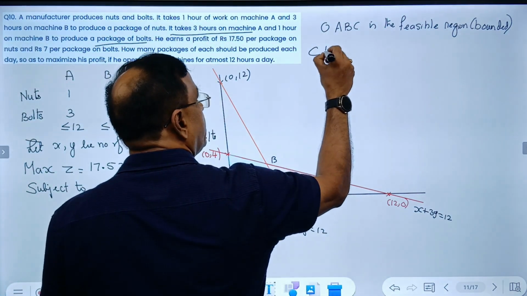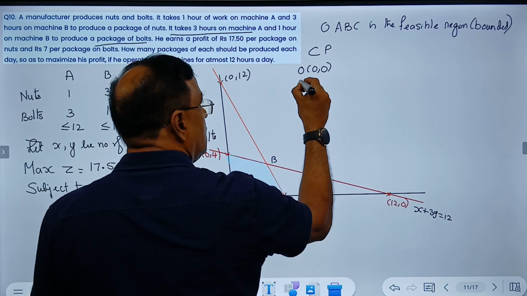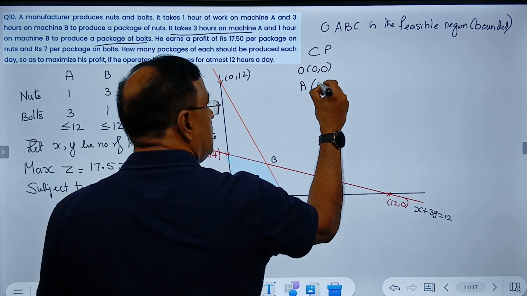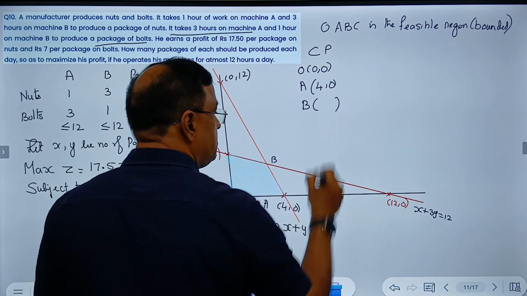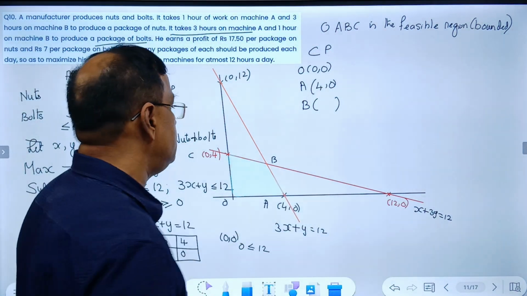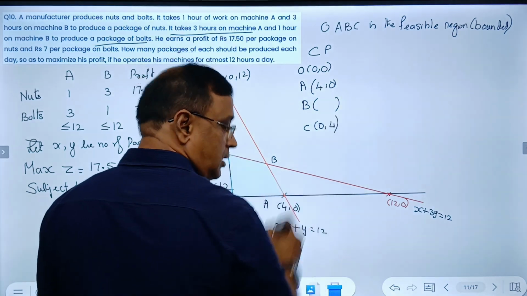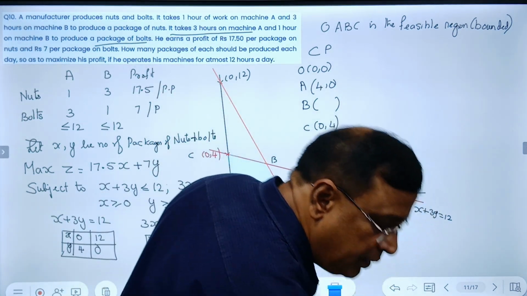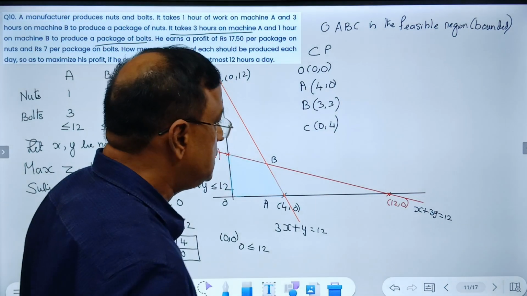The corner points are origin, that is 0, 0. A is 4, 0. B you can get by solving these two equations. We'll come to that later. C is 0, 4. Now B, what is B? B I am getting as 3, 3.